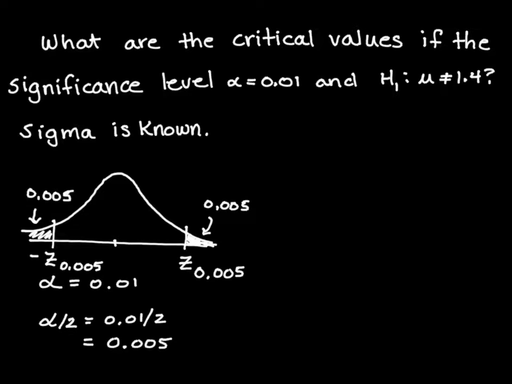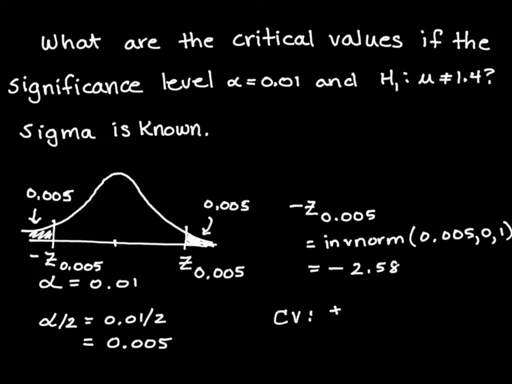Now usually I'll start by finding negative z sub 0.005, and the reason is it's just a little bit less typing in the calculator. To find that, I'm going to find the inverse norm of 0.005, because that's the area in the left-hand tail, then comma 0, comma 1, and we get negative 2.58.